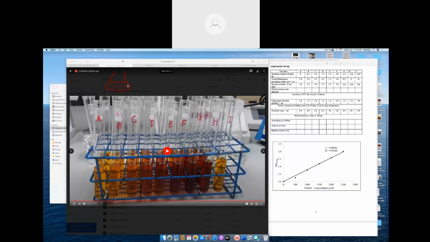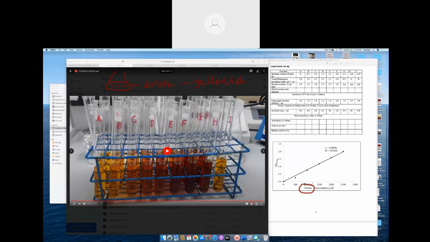Inside this culture, normally the broth to grow, to cultivate your culture, is yellowish in color. So if the broth is already yellowish, you will end up having some background color because of the yellow color from the broth, not because of the glucose formation.